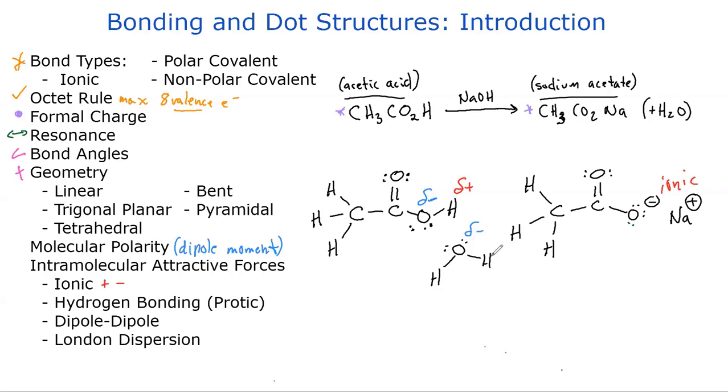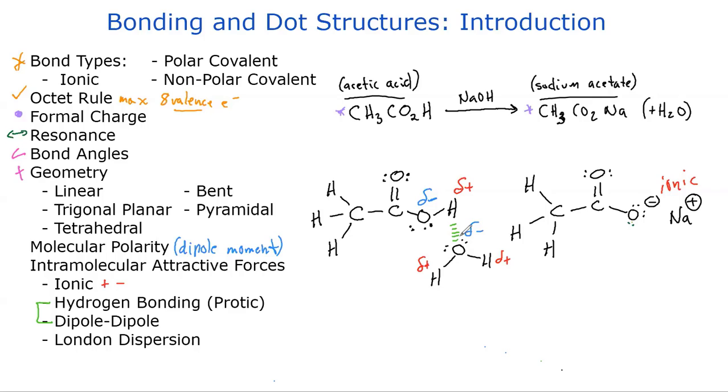Now, if we consider that water also is polar, hydrogen bonding is actually a specialized dipole-dipole attraction. So a dipole-dipole attraction is when you have a partial plus on one atom in a molecule attracted to the partial minus of another atom in a separate molecule. And hydrogen bonding just gets its own name because it's such an important one in chemistry in general. And we sometimes will show that with a little dashed line, right?